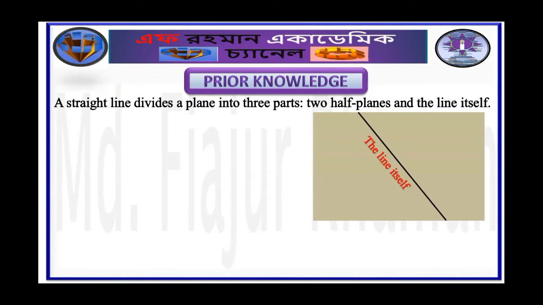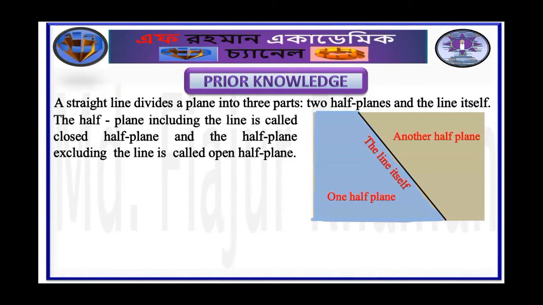And on one side of the line is one half plane, and on the other side of it is another half plane. The half plane including the line is called closed half plane. The half plane excluding the line is called open half plane.